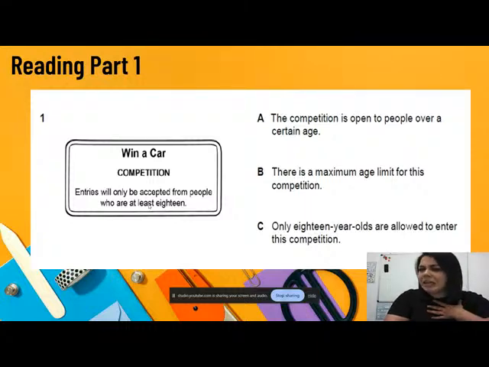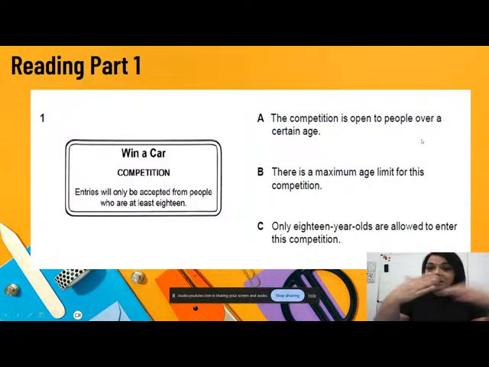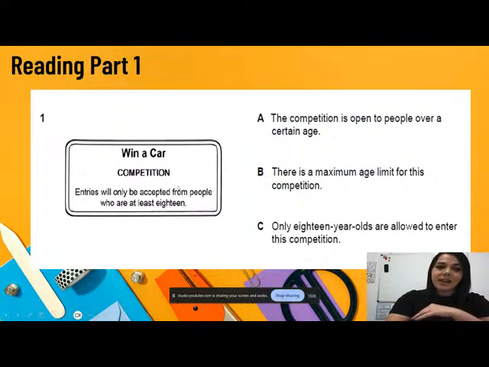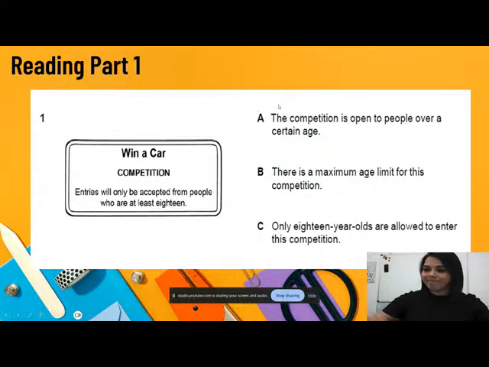So I'm going to eliminate B, I think, which leaves us with A. Let's just check it. The competition is open to people over a certain age. Over, in this case, means older than, and here that corresponds nicely to at least 18. So in this case, A would be our correct option.